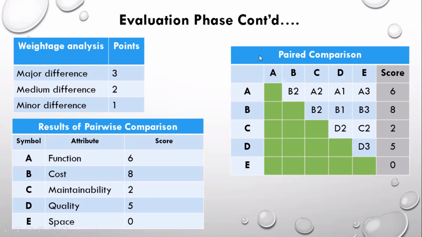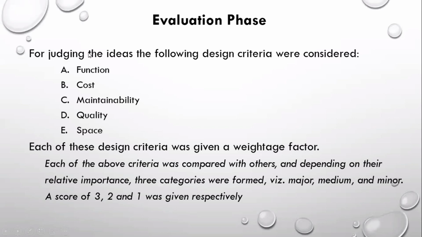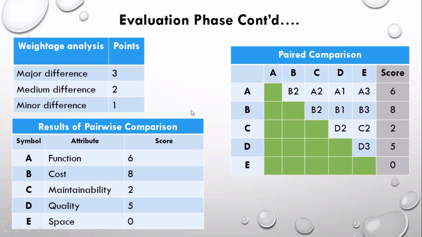And we can do pairwise comparison. Each of these criteria is compared among them: A, B, C, D. A is function, then cost, maintainability, quality, space.